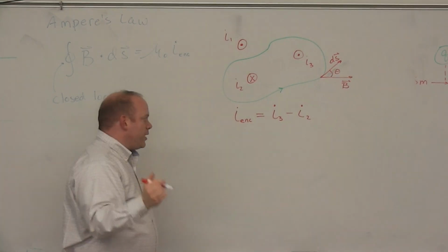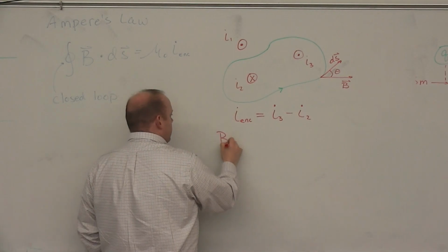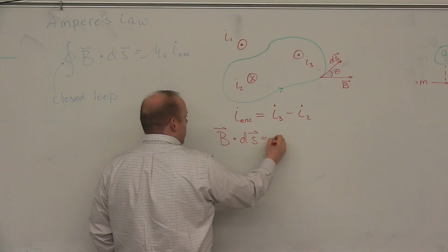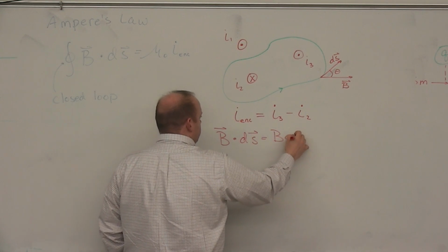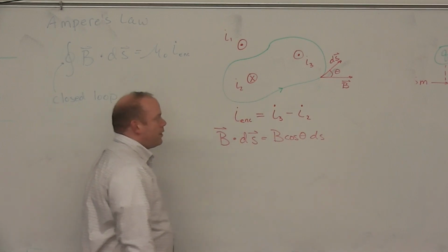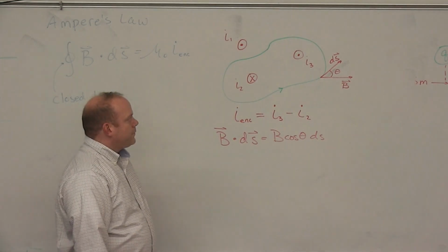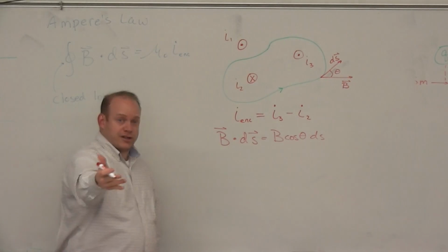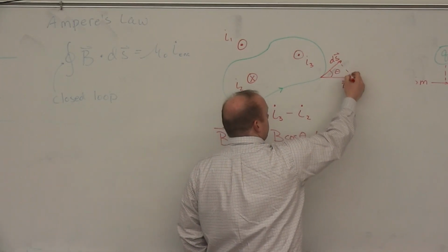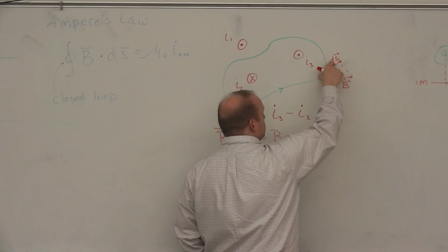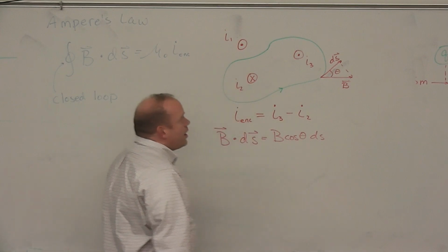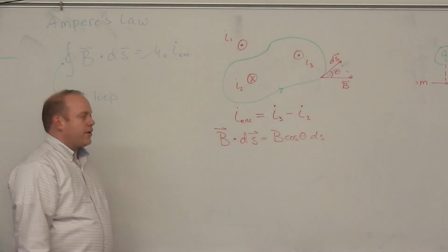All right, so now we can rewrite B dot ds as B cosine theta ds, or the portion of B that's in the direction of ds. So we're looking at this portion of B, this component of B along the ds direction. So whenever we do that, we have to look at cosine.